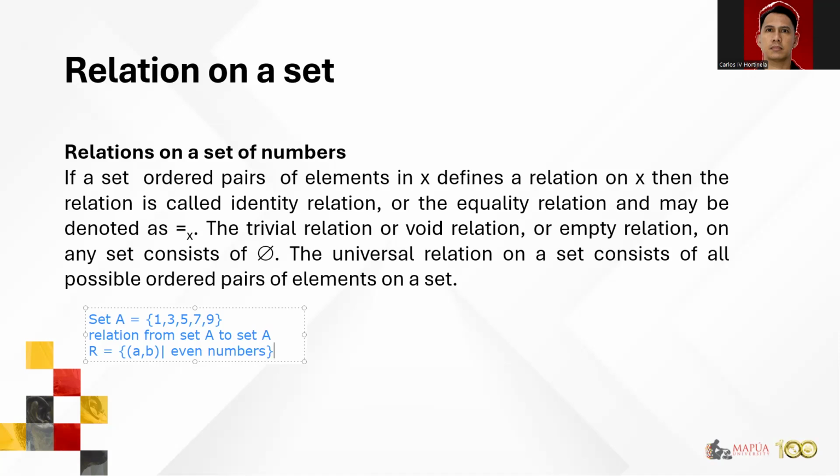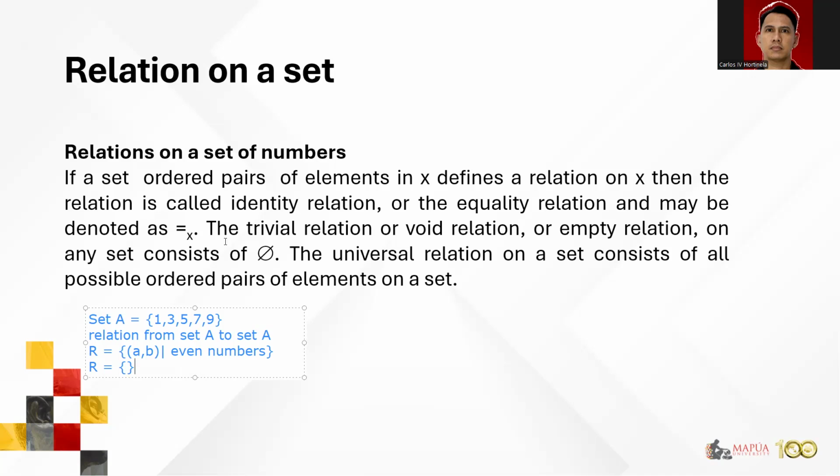That's my property. So I will join together two elements from set A that are both even numbers. Unfortunately, since my set A only contains odd numbers 1, 3, 5, 7, and 9, therefore, I will then end up with what you call a null or empty relation.